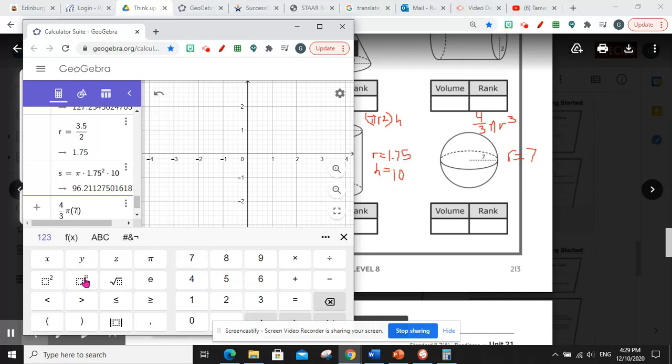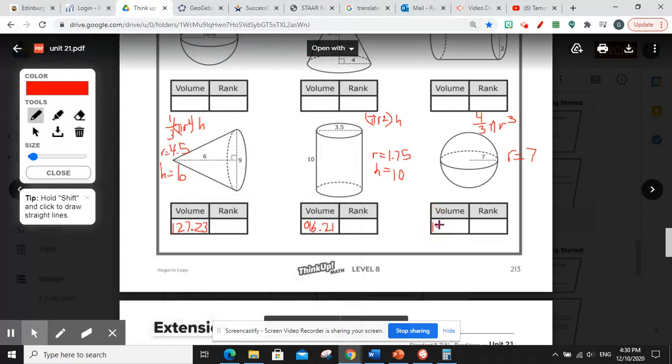Use this one so that it allows you to put whatever number you need, which is cubed or 3 in this case, and then we figure it out. And so my volume is going to be 1,436.755. If it's 5, you're going to round it up. So 1,436.76.